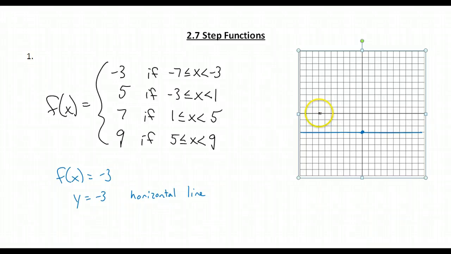And when I go in the x direction to -7, I want to be on this line. Well, this line is right here. So I'm going to put a closed dot on the line where x equals -7. Because of this equal sign, or equal to, I want to put a closed dot there. And at -3, I want to put an open dot on the line.